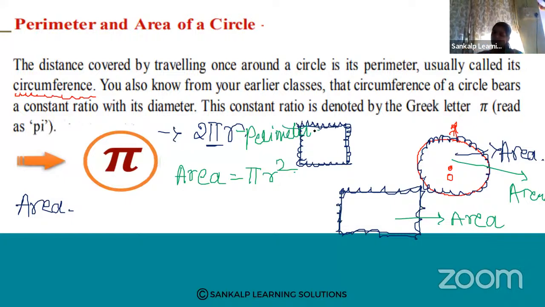Okay, now the next concept is, what do you mean by concentric circles? Have you heard anywhere about concentric circles? So you know what a circle is. What do you mean by concentric circles?